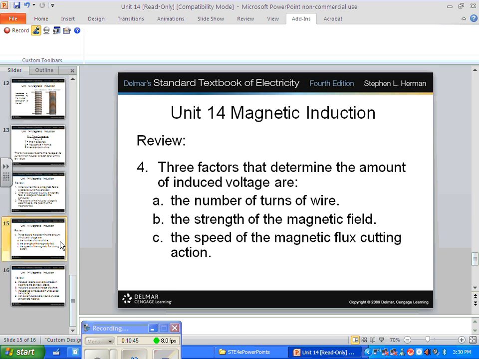More turns. The strength of the magnetic field and the speed of the magnetic flux cutting action. In other words, if you're spinning an alternator, the speed it's being spun at affects the voltage.